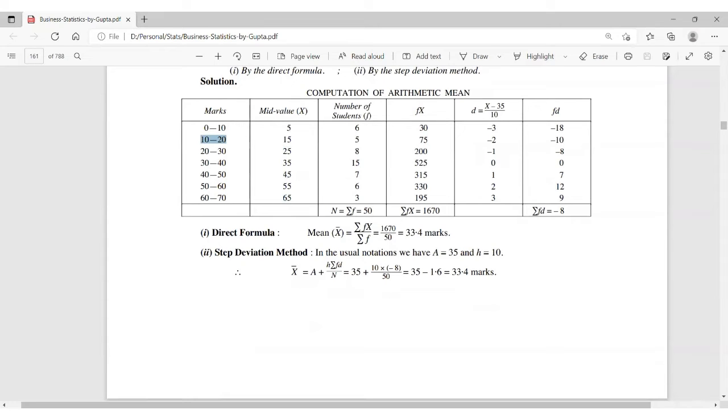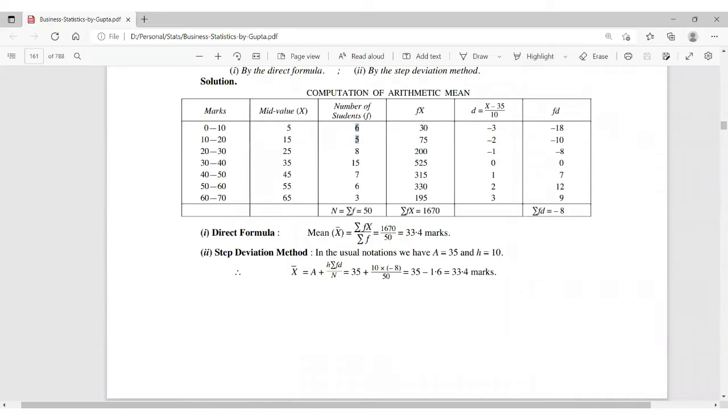Now fx, that is f into x. Clear? Now see, in the direct method, first of all we find fx.